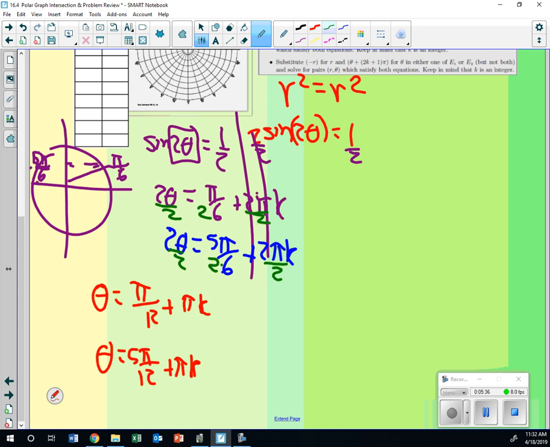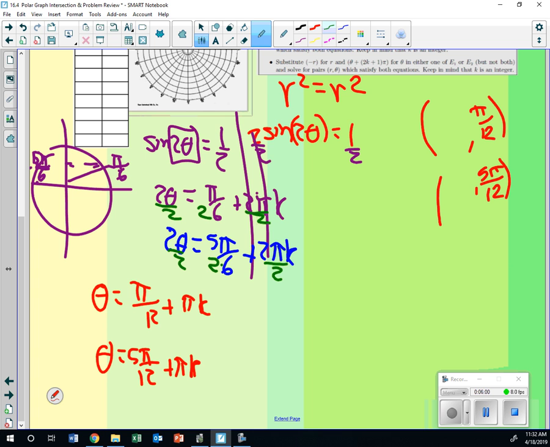Now between 0 and 2 pi, how many answers will that be? Between 0 and 2 pi, there'll be 2 pairs of answers, so there'll be 4. The answers we're going to get for theta will be pi over 12 and 5 pi over 12.